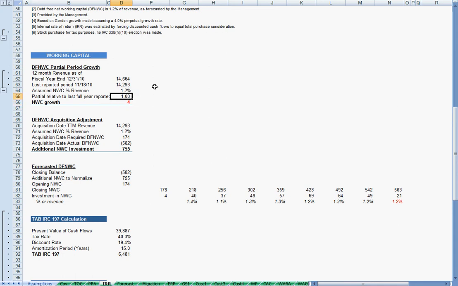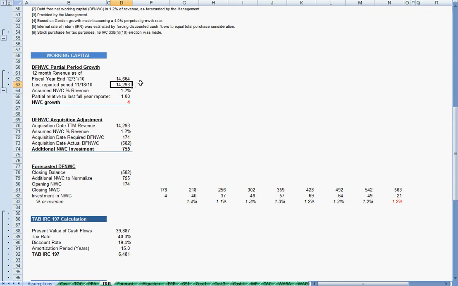Now you'll notice here this factor, which we call a partial relative to last full year reported. That's a convoluted name for what it is. It is actually pretty rare that you find such a good number as 14,293.